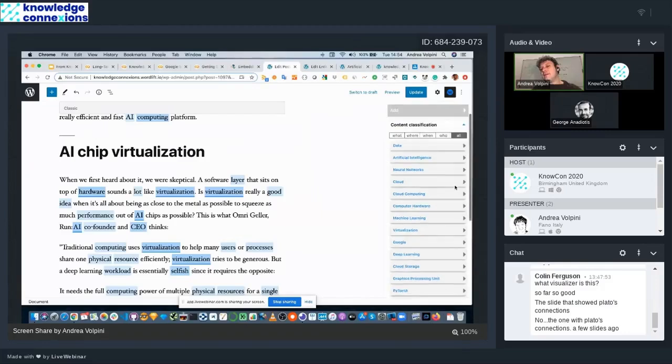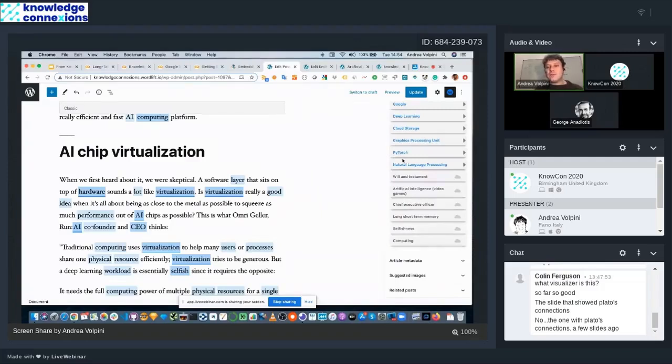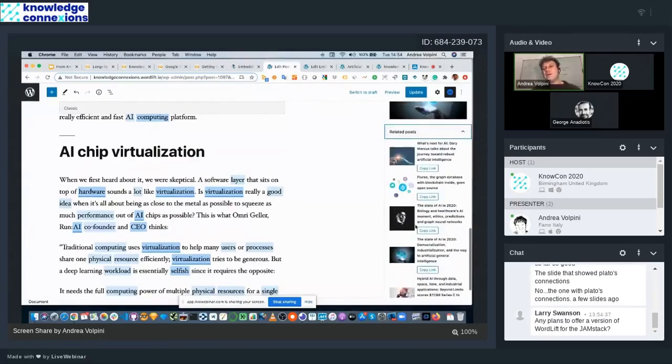And then as the editor checks these entities to highlight the ones that are relevant, they are building the knowledge graph. Okay, so we have the blog post, and then we have the entities that are used for the annotation, that provide the context for the blog post. And then you can see that automatically the tool is getting some images from the other content that has been published inside this knowledge graph, and it's also providing a list of related articles that can be used.